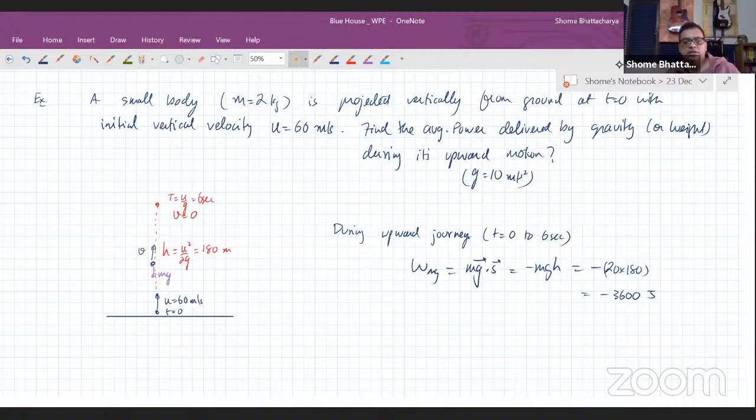Yes, very good, that's correct, Aditya. So the average power will become minus 600 joules per second or watts.